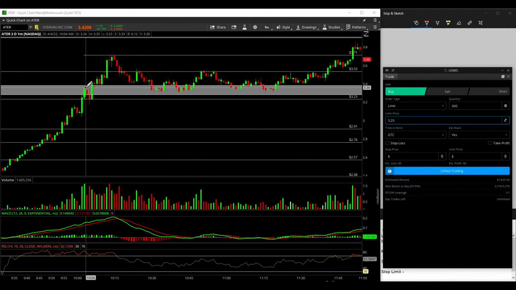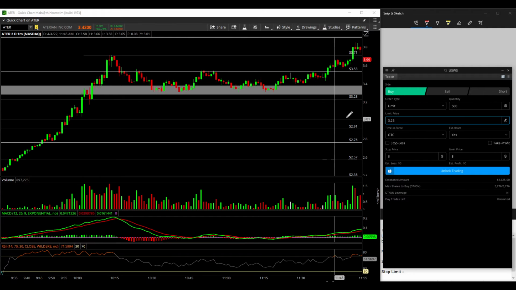That means when and if the price comes down to your limit price 3.25, it will fill your order at 3.25 or better, meaning 3.25 or 3.24 or 3.23, depending on how good of a fill you get. So by placing a limit buy, you're saying, I want to buy this amount of shares at 3.25 or better.